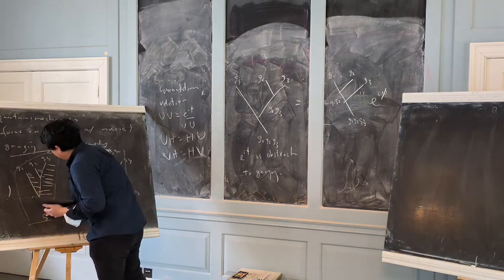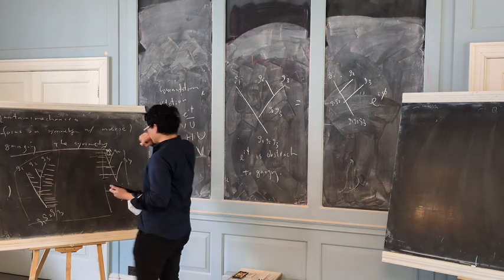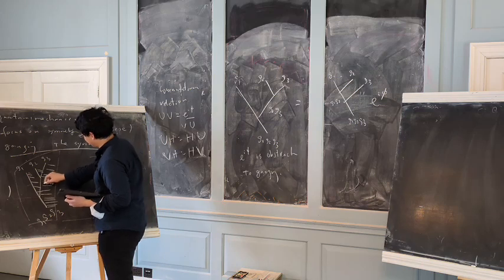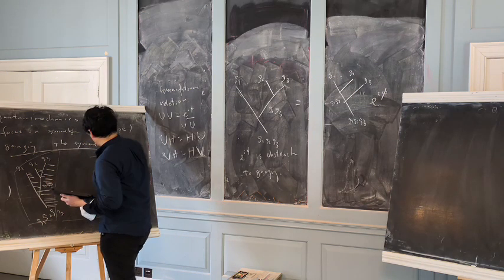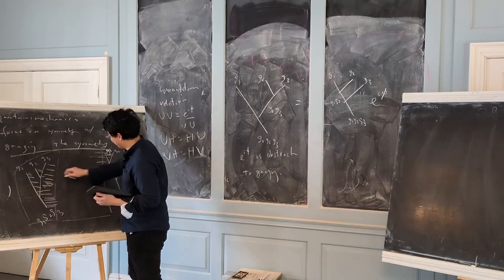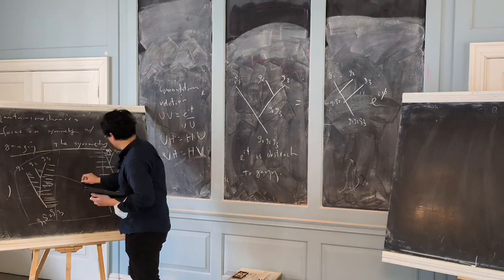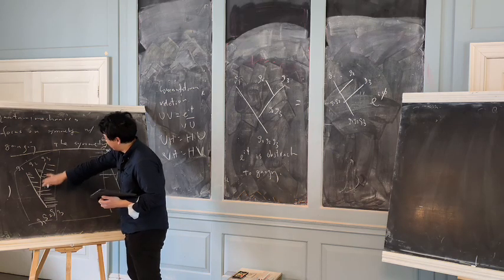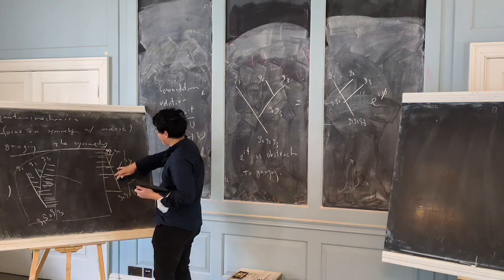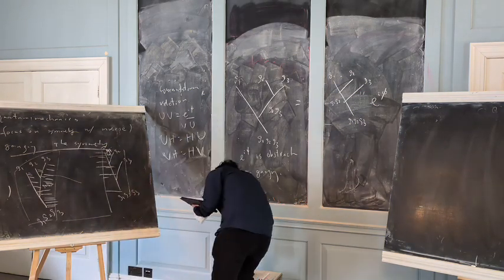Okay, g1, g2, g3, g1. So this segment is g2g3, and this segment is the symmetry g1g2.